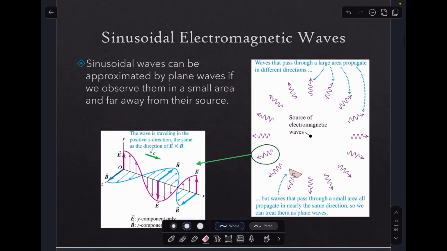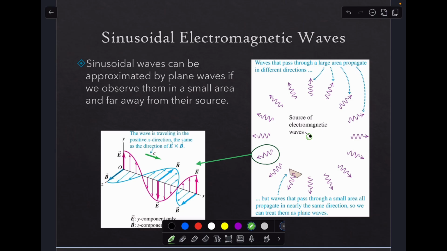So we talked about plane waves, all right? What's going to be a much better way to describe an electromagnetic wave, a little more specific, is describing these waves as a sinusoidal wave. And so we can use all the properties of plane waves in conjunction with describing E and M waves as a sinusoidal wave, because when you're very far away from the source of the wave and you're looking at just a small area, it will still behave as a plane wave, okay?